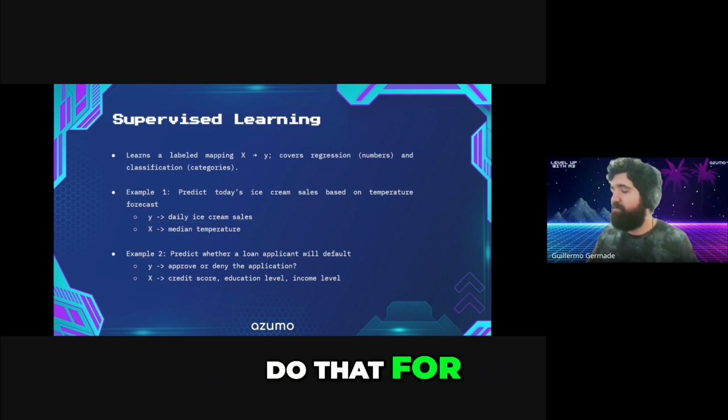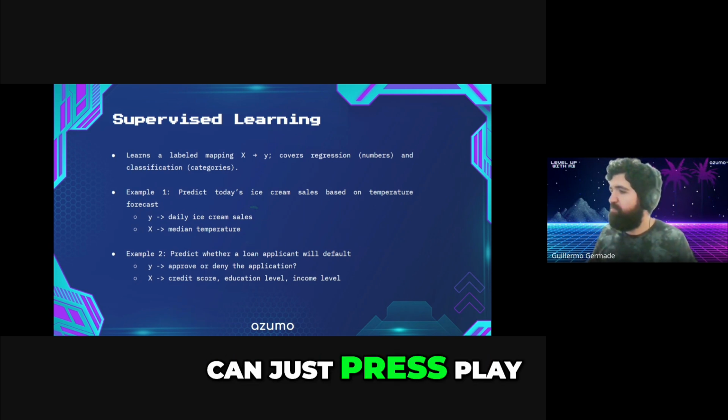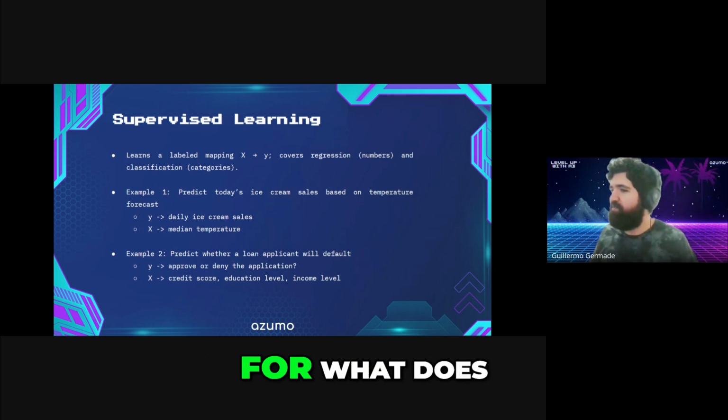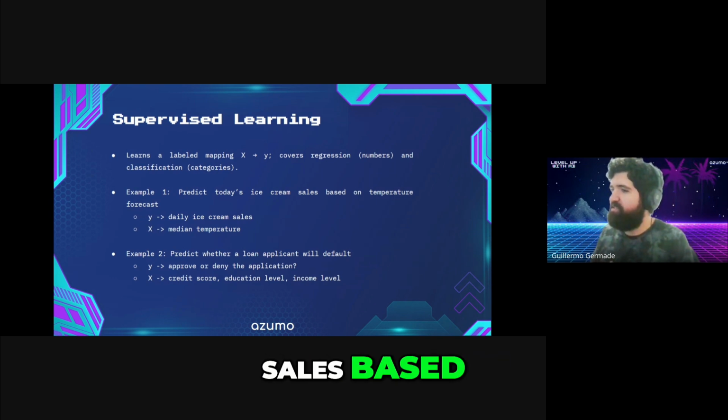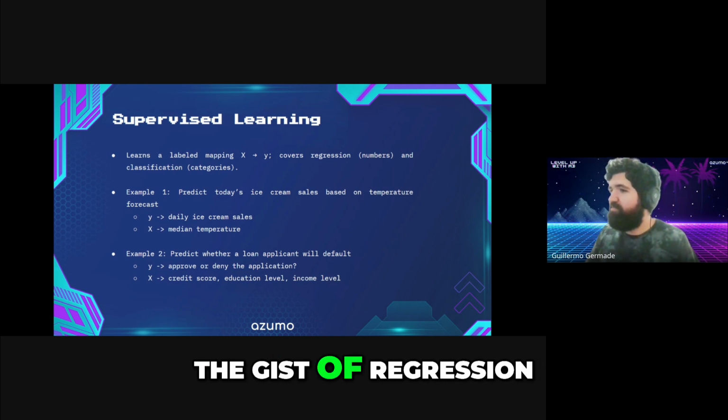If we do that for, let's say, the past year, we could try to fit a model with that data, and then tomorrow we can just press play on the model and get a prediction for what does the model think will be today's ice cream sales based on today's temperature. And that is the gist of regression.